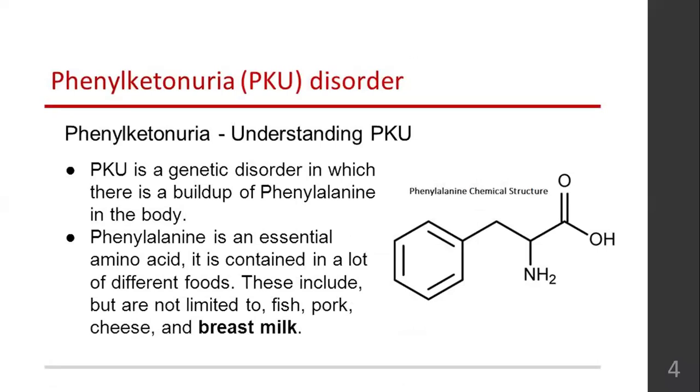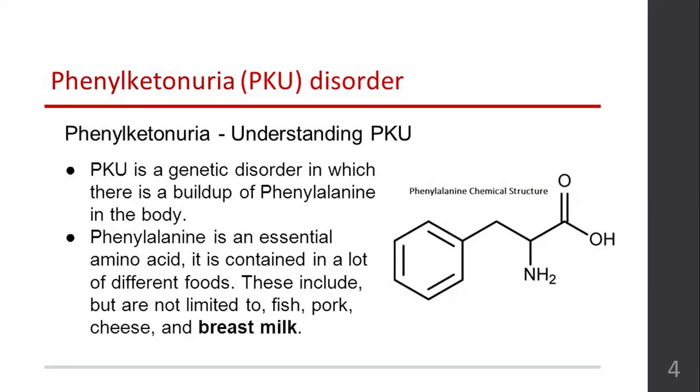Then phenylketonuria, PKU disorder. So understanding PKU, it's a genetic disorder in which there is buildup of phenylalanine in the body. Phenylalanine has to be broken down. But when it cannot be broken down, it leads to the buildup of phenylalanine in the body.